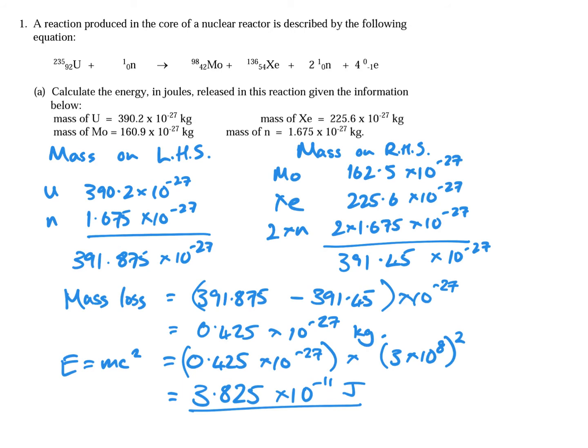It doesn't seem like a large amount of energy compared to you or I in our everyday lives, but at a nuclear level, this is a large amount of energy, because the strong nuclear force and the weak nuclear force are amongst the largest forces in the universe. Nuclear reactions produce much more energy than other types of reactions that we'll study in the rest of the course. So these are relatively large numbers.